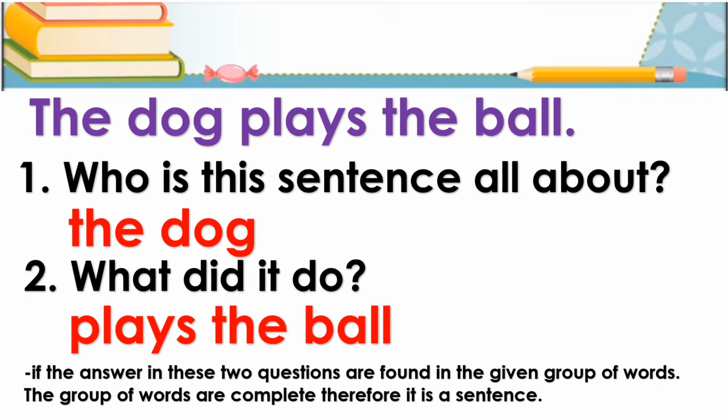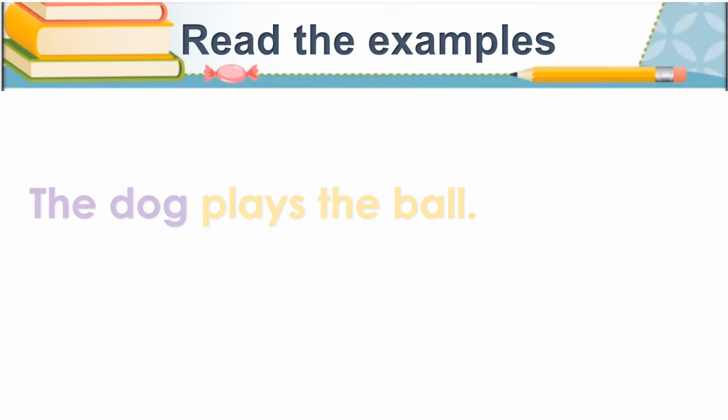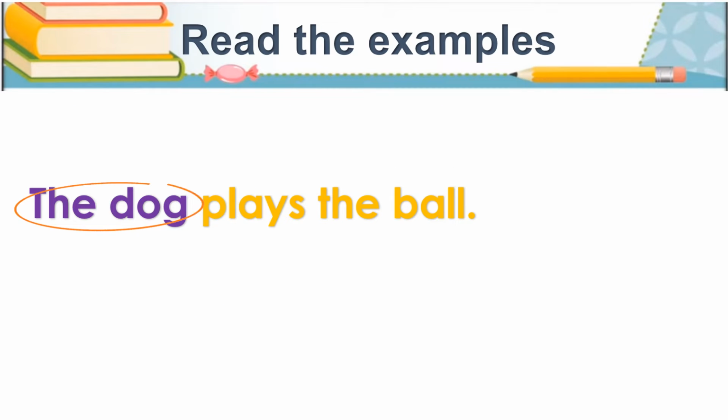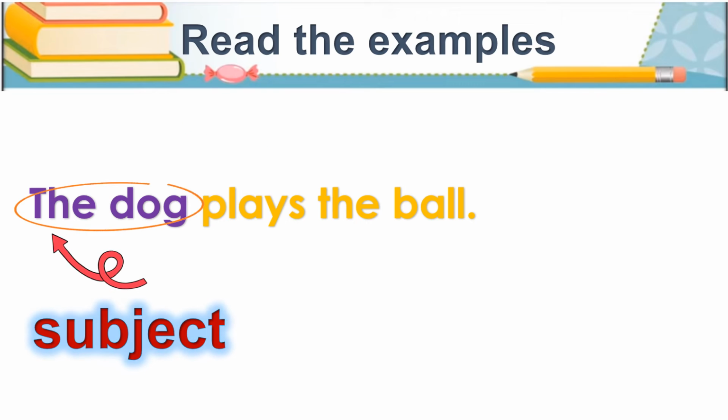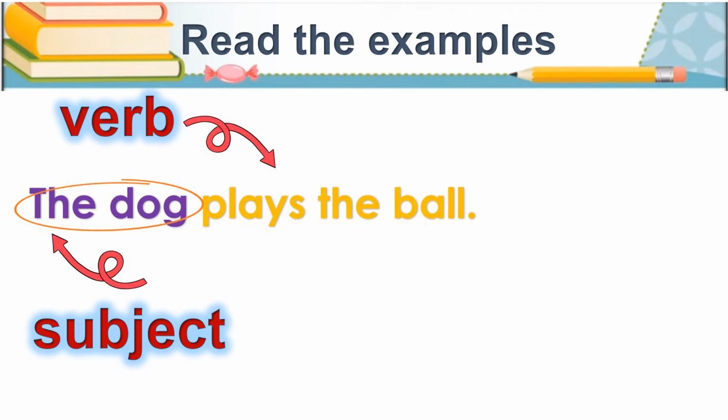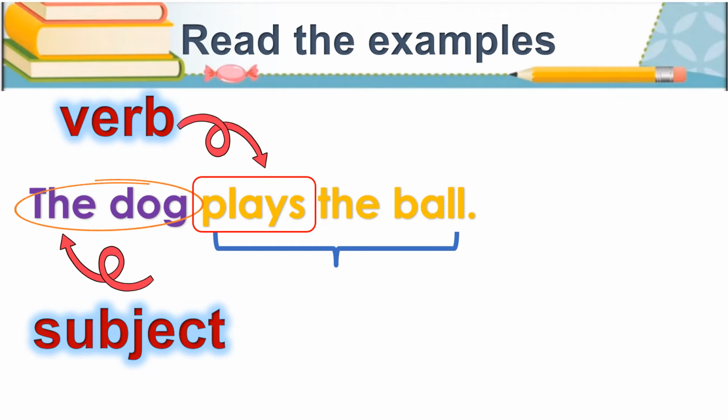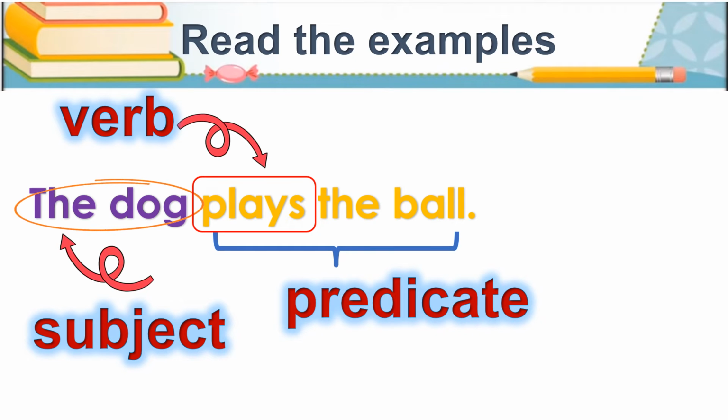Kapag nasagot yung mga dalawang tanong na ito, meaning kumpleto yung sinasabi dun sa grupo ng mga salita. Kapag kumpleto ang sinasabi, ito ay sentence. Pero kapag kulang, kung subject lang, non-sentence yun. Kung predicate lang, non-sentence yun. So again, the dog is our subject, plays is our verb, and plays the ball is our predicate.